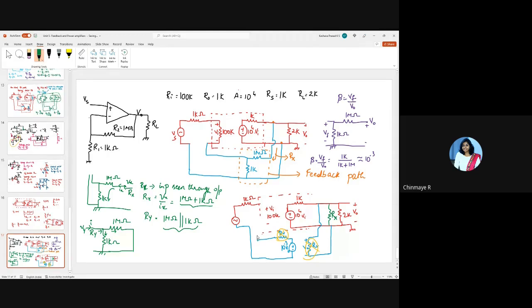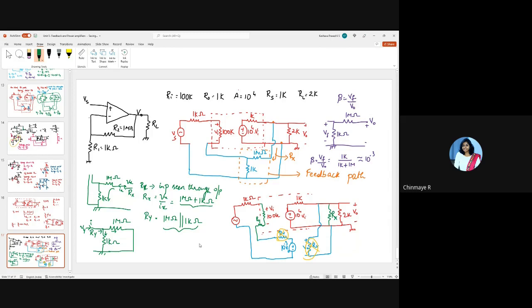So this is your input. So this will be your Ry. Since I've pushed Rx and Ry up on the amplifier side, I have an ideal feedback path now, correct?